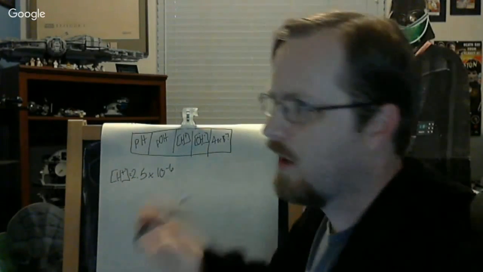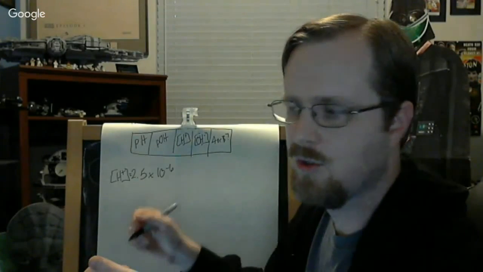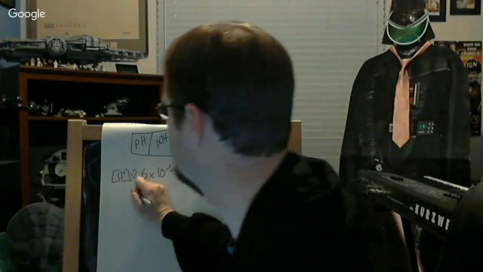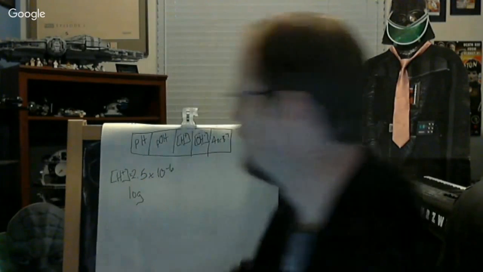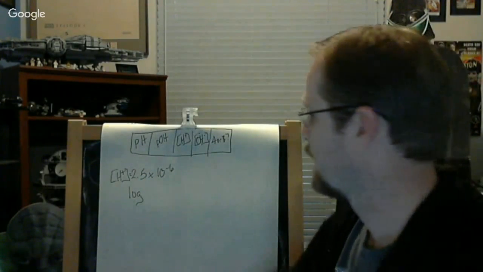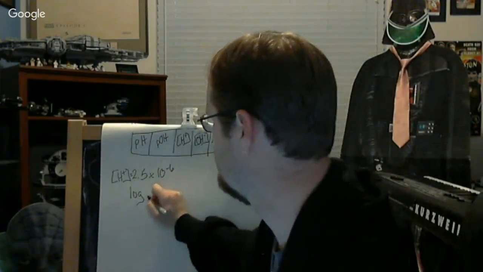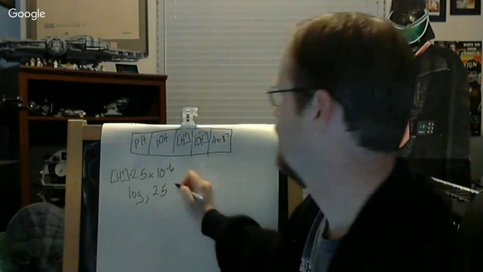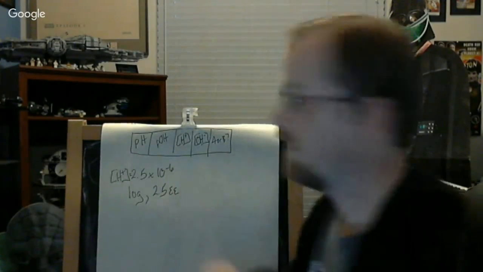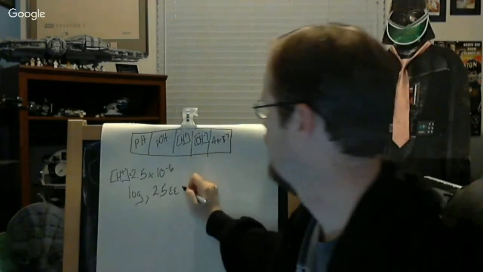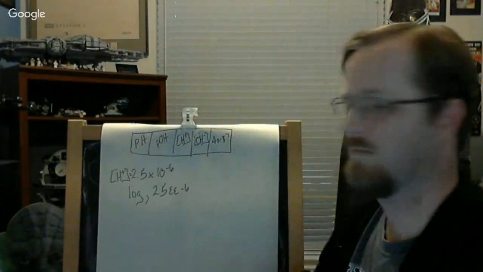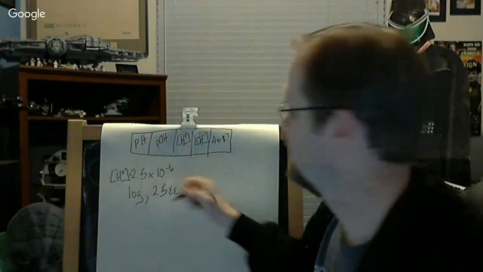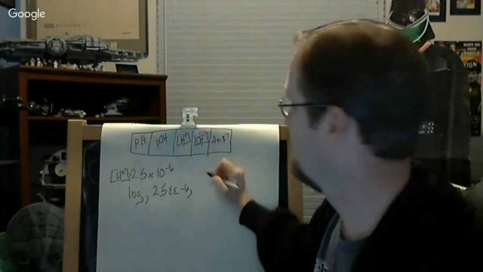Okay, so if you have a calculator that requires you to type in the log first, then what you hit is the log button on your calculator, and then you type in this number. You'll type in 2.5, you hit the EE button, right, and then -6. And then you hit equals. You will end up with a negative number.